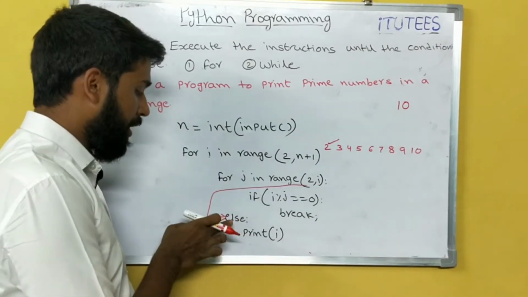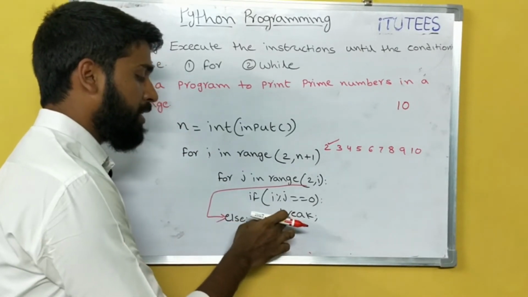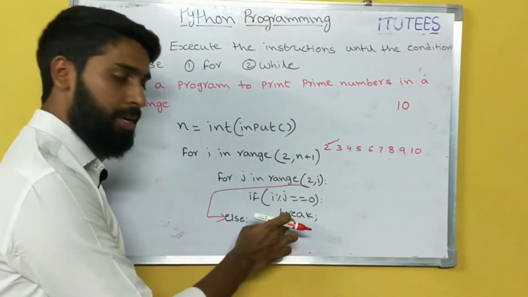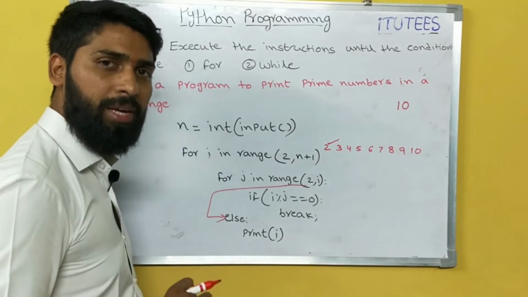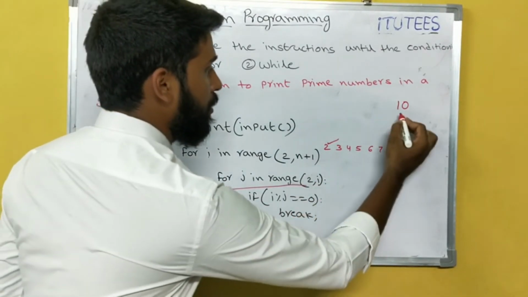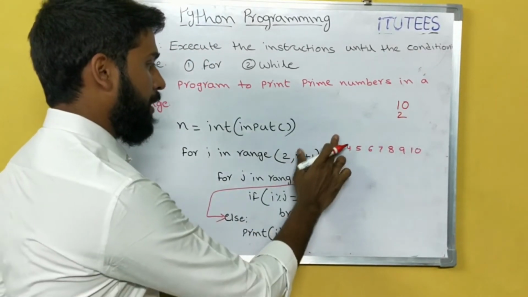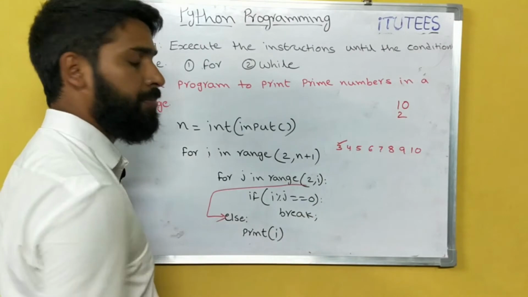In Python, you can write the else block to the for loop. If the break statement in the for loop is not executed, then this else block will be executed. So print i. What is the i value? 2 now. That was printed. Next the i value becomes 3.